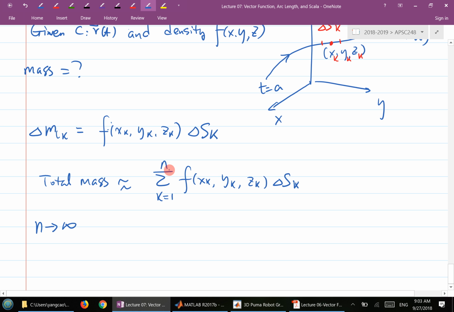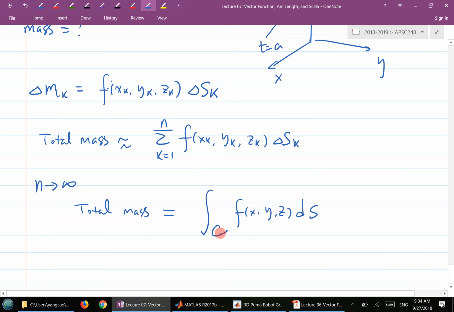Once n goes to infinity, the total mass becomes precisely an integral: the summation becomes the integral sign, the delta becomes the differential symbol d, and you're integrating along the curve C.